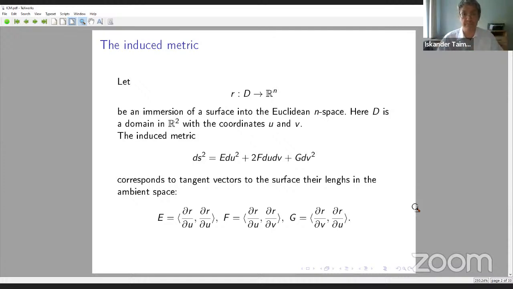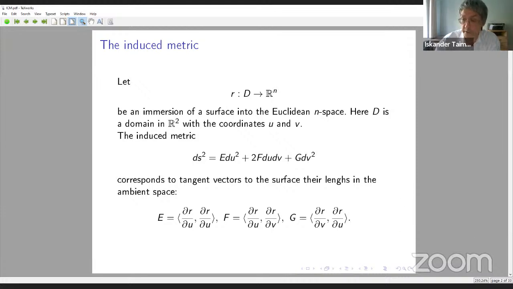You probably have to work with special coordinates in which it's easier to do computation for different problems. For instance, if you would like to study the negatively curved surfaces in R3, it's worth to introduce asymptotic coordinates.